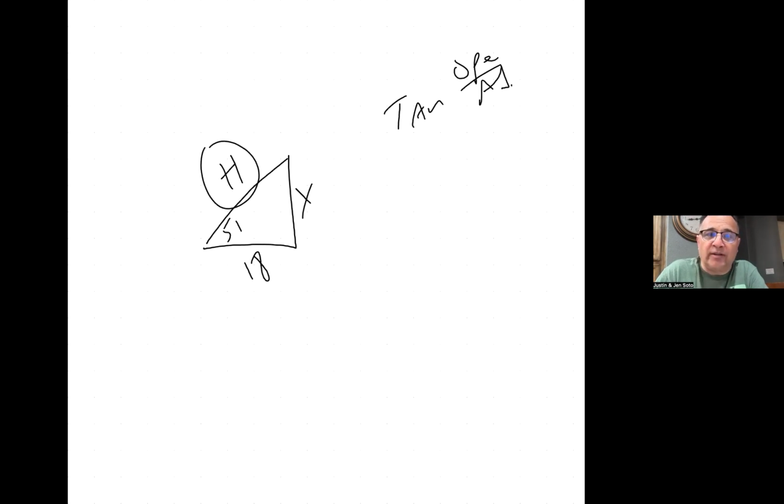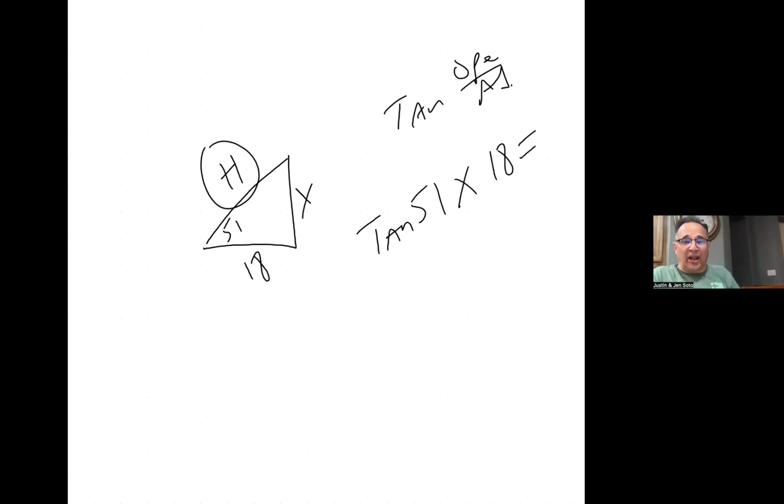So it's going to be tangent 51 times 18, so you don't even have to divide. Try that and you should get the right answer. Tangent 51 times 18 is equal to x, which is the opposite, which is the letter y, because they have y in the illustration.